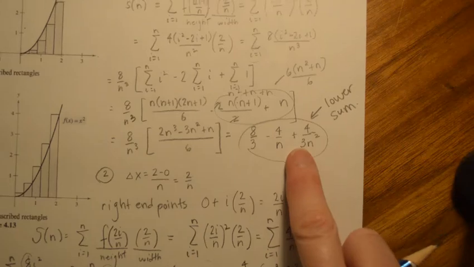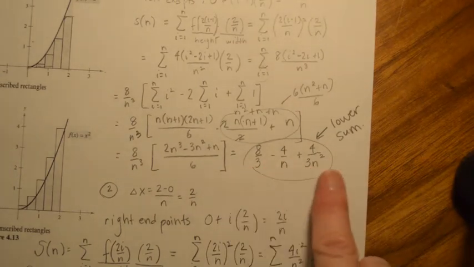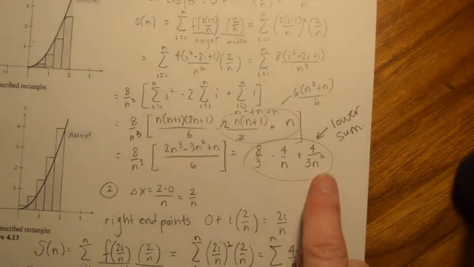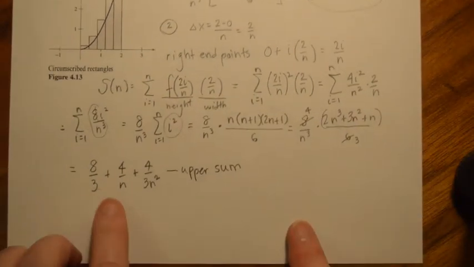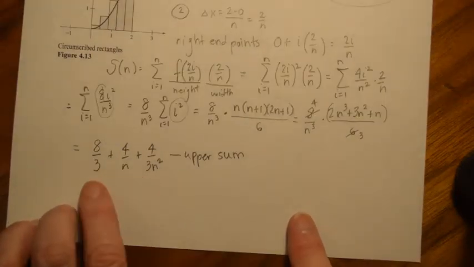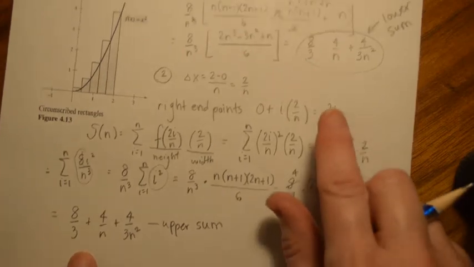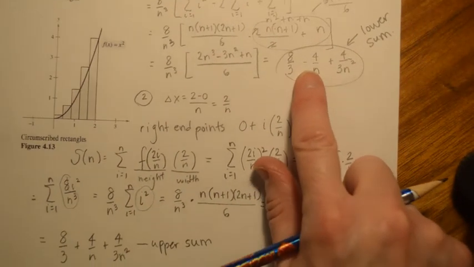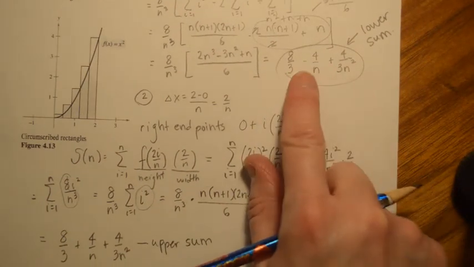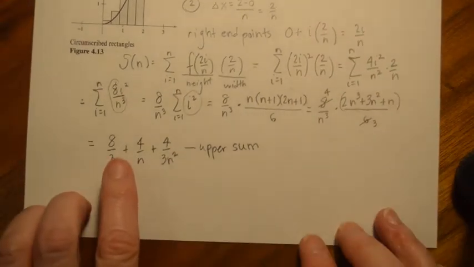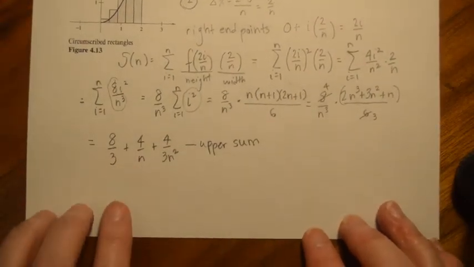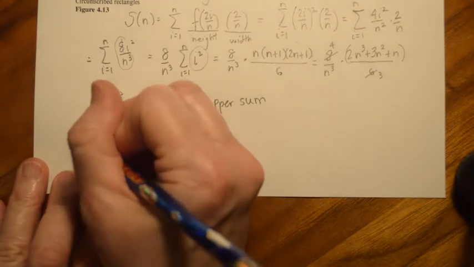All right, so I've got my lower sum. This is very general because we don't know what value of n we're going to use. The upper sum is also very general because I don't know what n value I'm going to use. Notice how similar they are, though. They have the same exact terms, but the lower sum has a minus here and the upper sum has a plus. So let's finish this up.